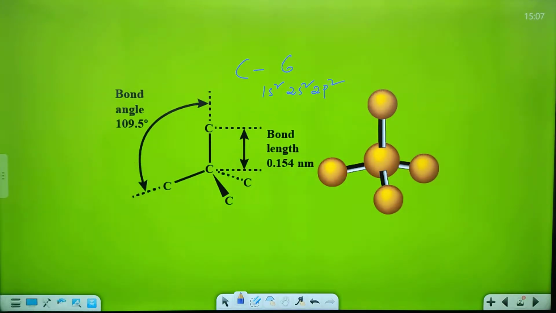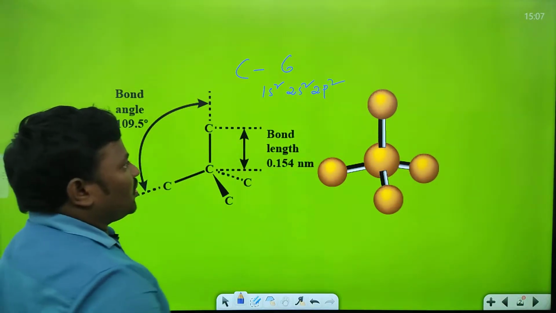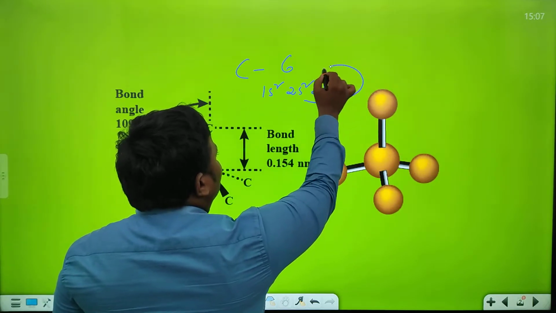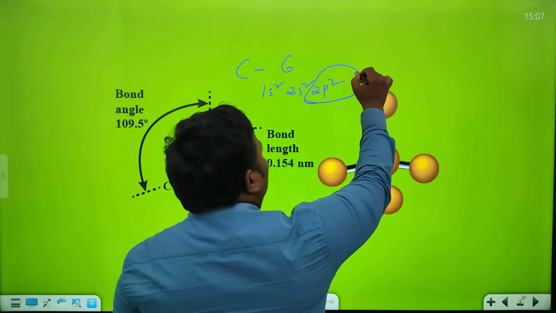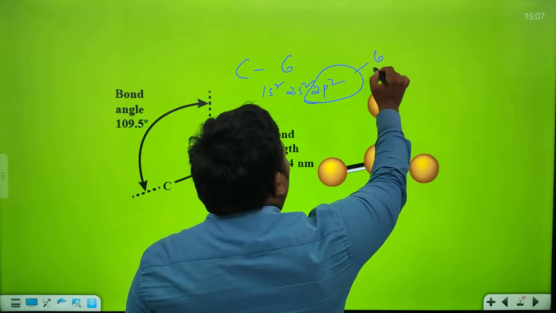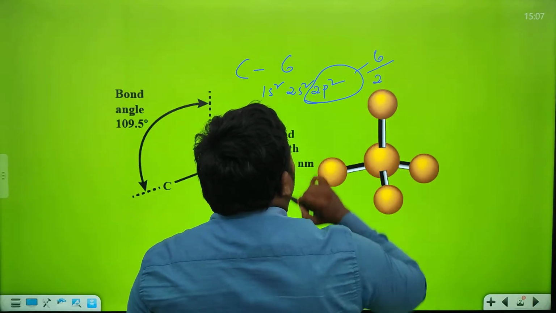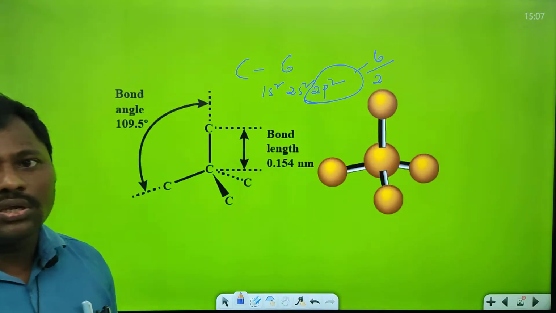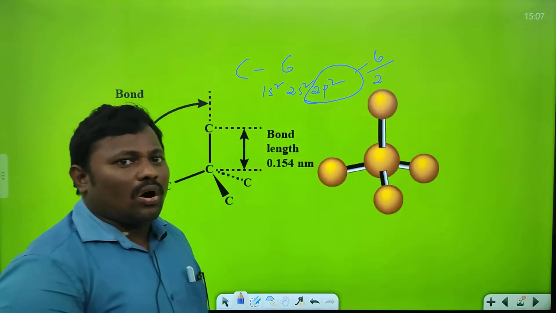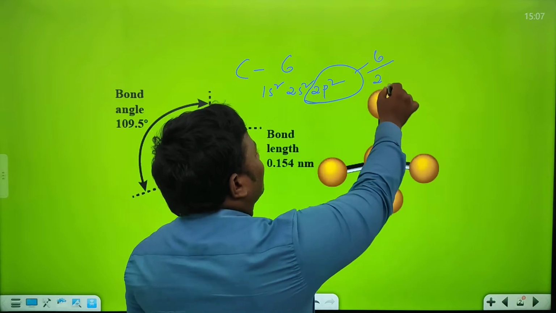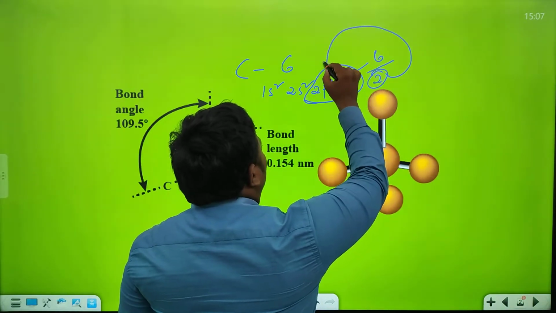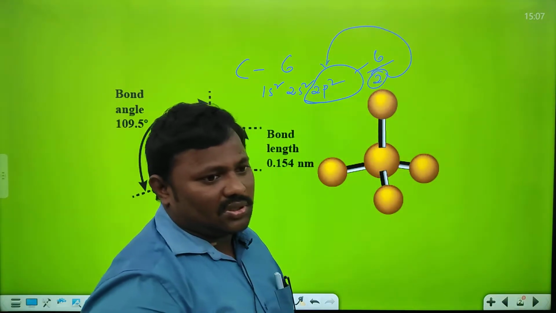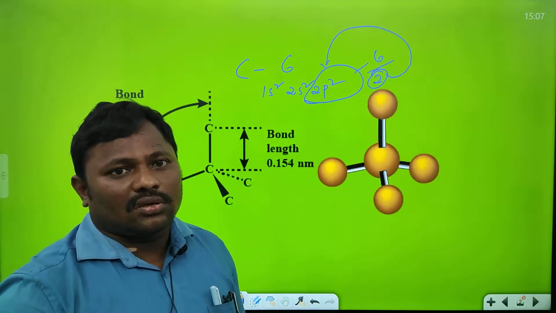As per the electronic configuration, the p shell can hold a maximum of 6 electrons, but only 2 are filled. So the number of vacant electrons is the combining capacity of carbon.